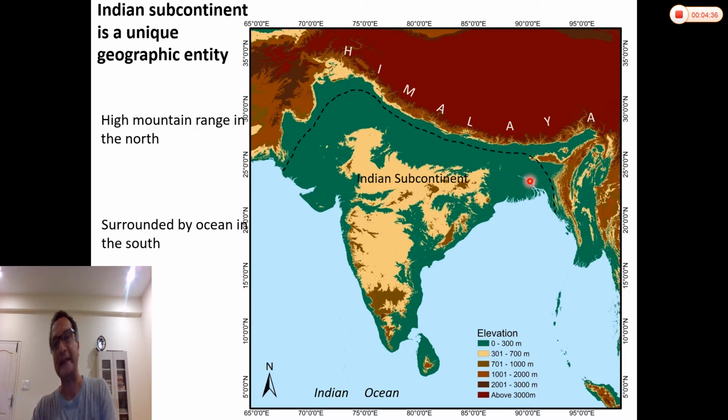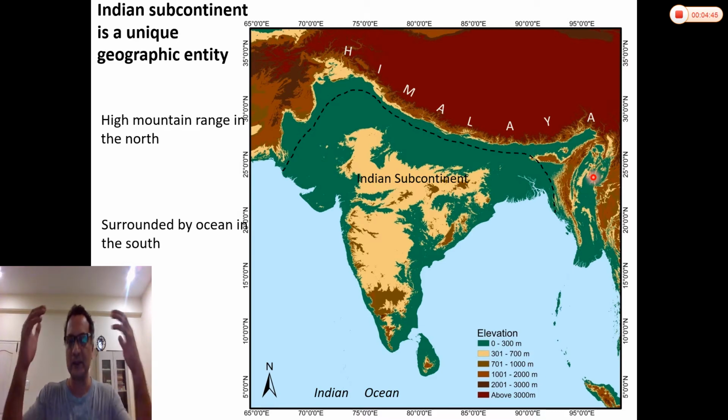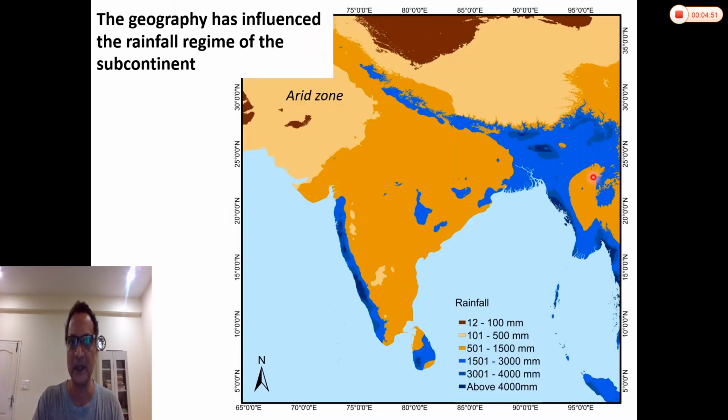And in fact, Mani calls it the Assam gateway. Anyway, so India became an island once again because of the rising Himalayas. Now, this also had climatic implications, right?